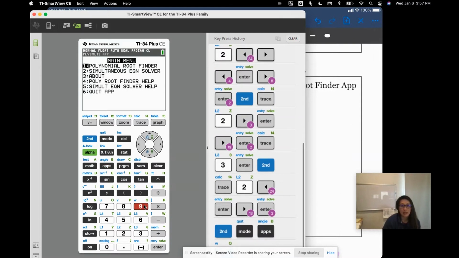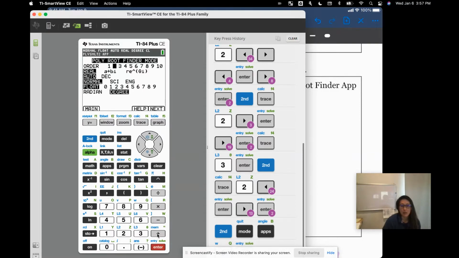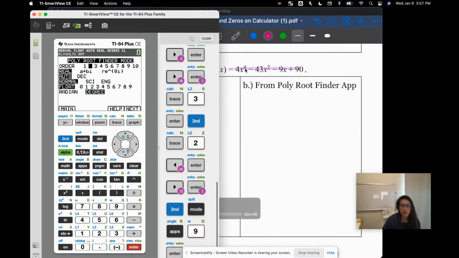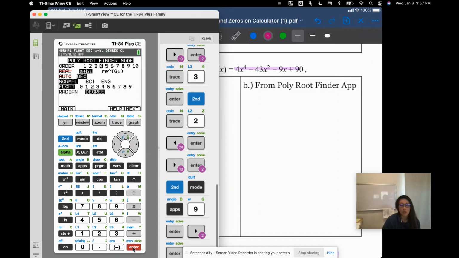I'm going to press 9, and use number 1, the Polyroot Finder. The order is the degree. I have a 4th degree polynomial, so I'm going to change this to a 4, enter, and then the normal, float, and radians and degrees are only for trig, so it doesn't matter here. For next, I press graph.